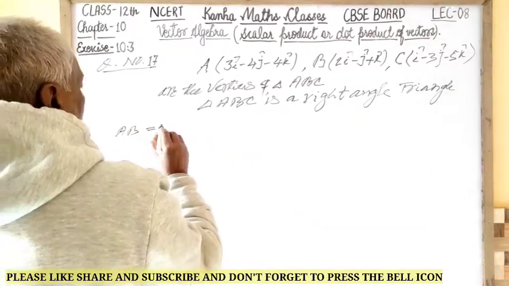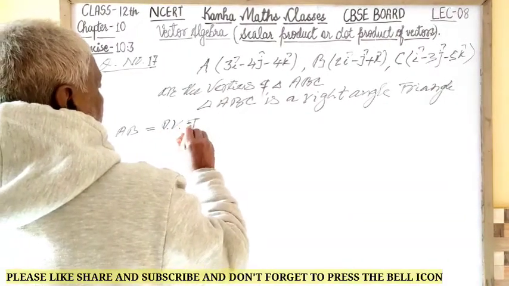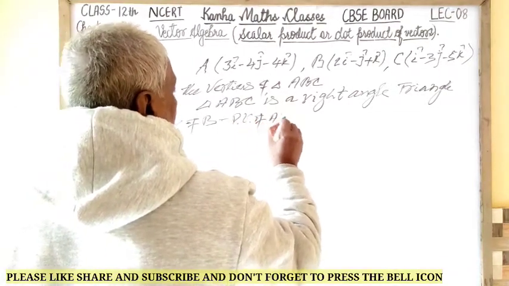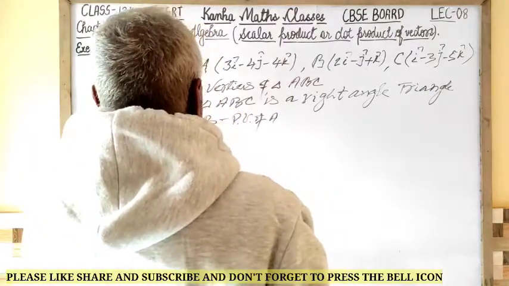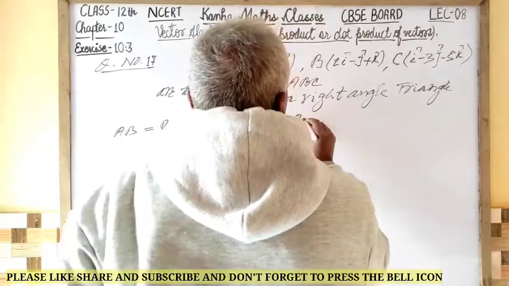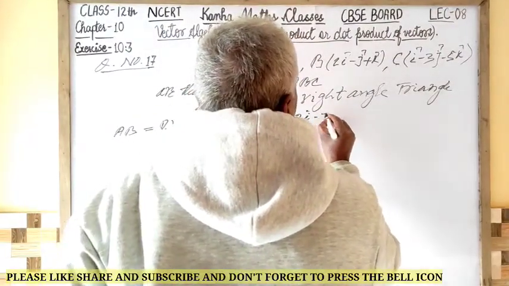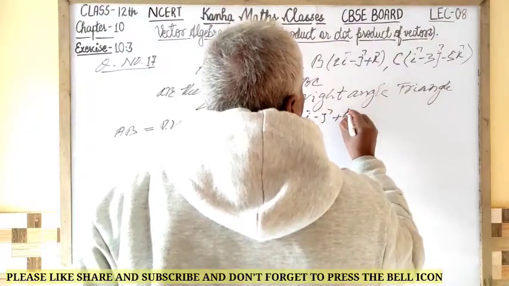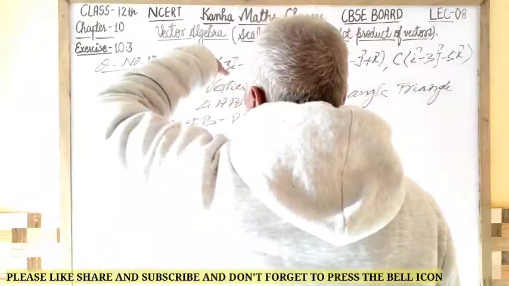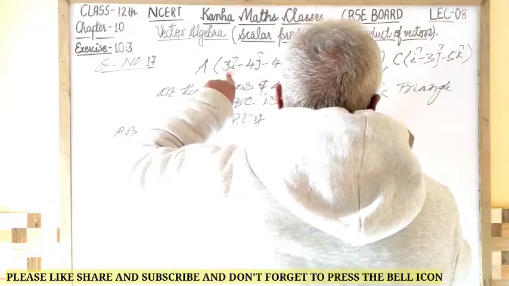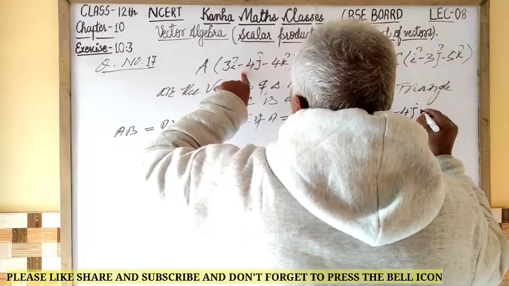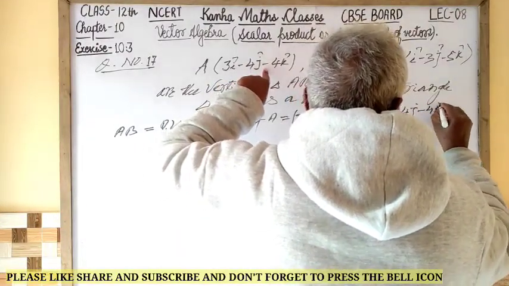Here AB is equal to position vector of B minus position vector of A. Position vector of B minus position vector of A means 2i minus j plus k minus the position vector of A, which is 3i minus 4j minus 4k.